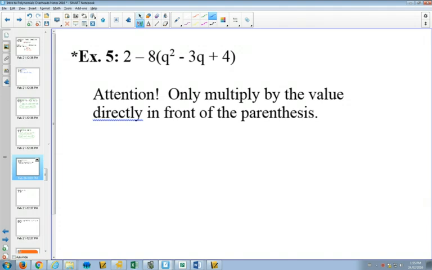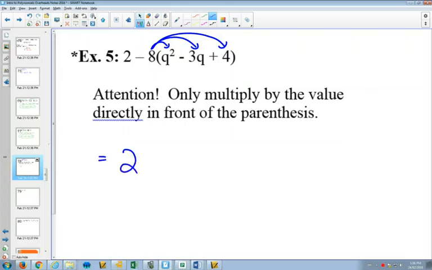So, we will be very tempted to do 2 minus 8 to begin with. But order of operations says multiply before you add or subtract. So we have multiplication here, so we have to distribute this minus 8 to each term.